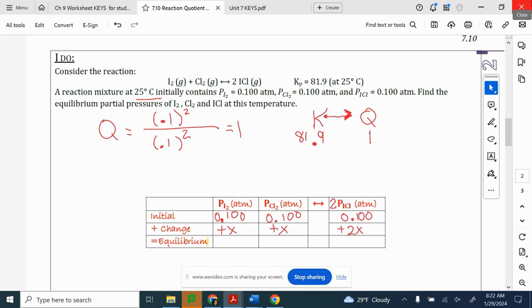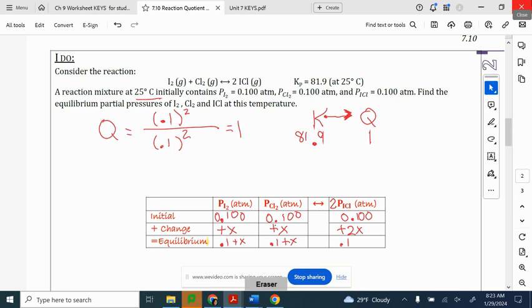Thank you. Okay, so our equilibrium is going to be 0.1 plus x, 0.1 plus x, and 0.1. Oops, I shouldn't have had this as a plus. No, I should have. That should have been a plus. These shouldn't have been pluses. We just said that we were going to form more products.